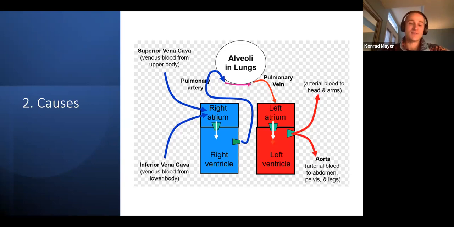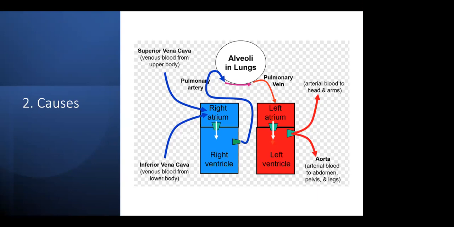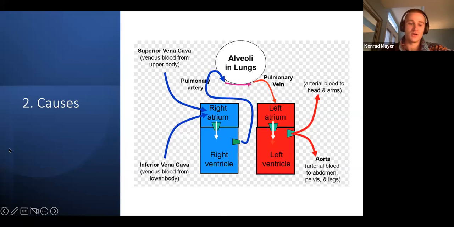So I was saying that the most important thing to know about pulmonary hypertension is why we have pulmonary hypertension. And the easiest way to understand this is by following the blood, as in any cardiovascular or pulmonary disease. Right here in this picture, the blood, as always, comes from the venous system, from the superior vena cava and the inferior vena cava.